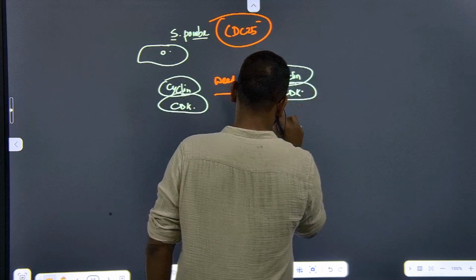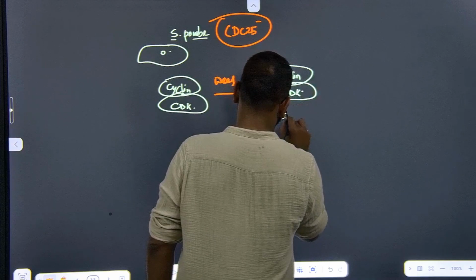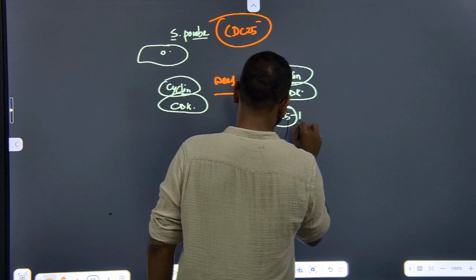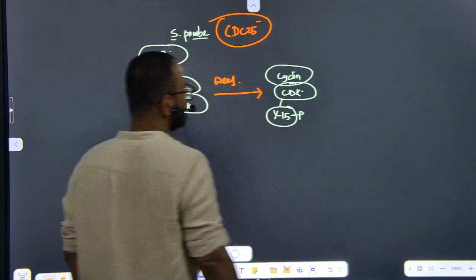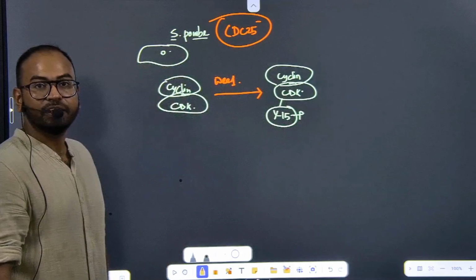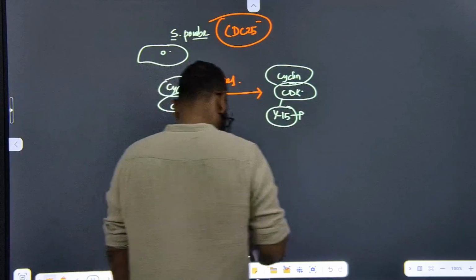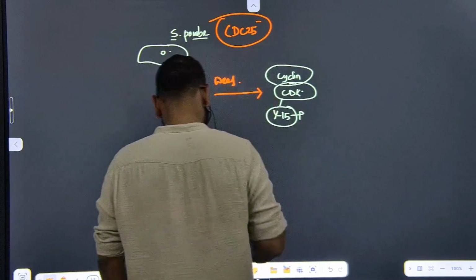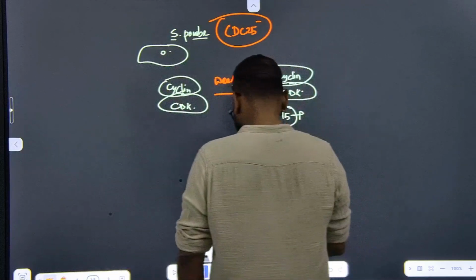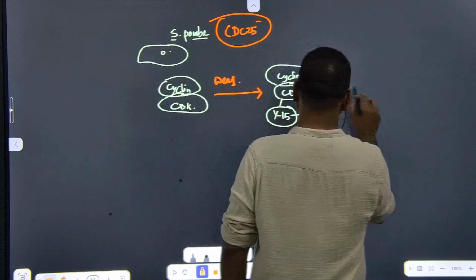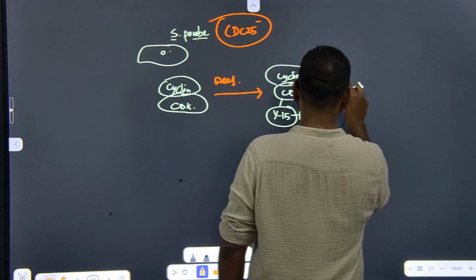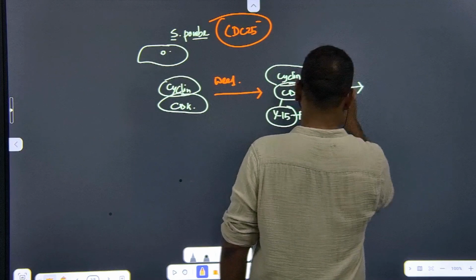there will be phosphorylation at tyrosine 15, which is an inhibitory approach. Now, by this time, what will happen? CAK will come into action.